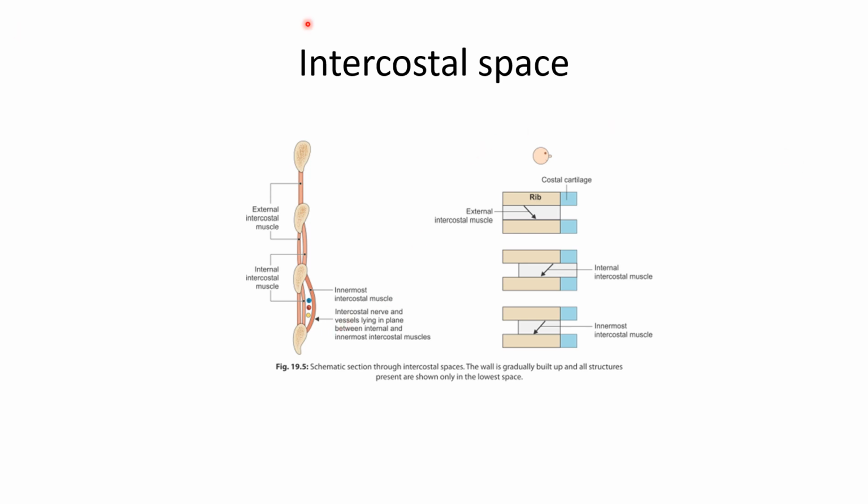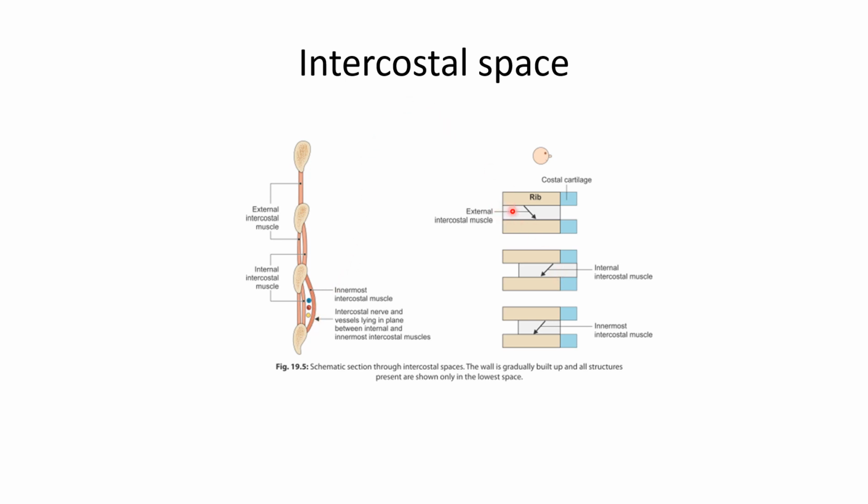Now you can again see the positioning of the external intercostal muscle, the internal intercostal muscle, the innermost intercostal muscle, and the vein, artery and nerve in the neurovascular plane between the internal intercostal and innermost intercostal muscles.